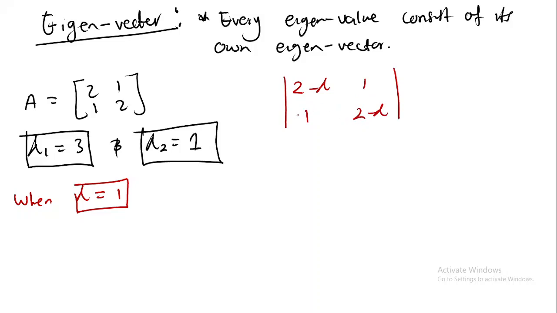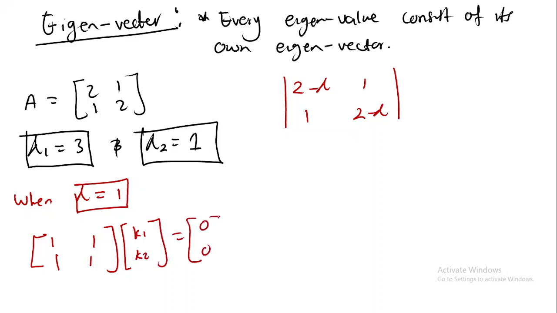So you're going to substitute the value of 1 where you see lambda, and then you're going to end up with 2 minus 1, which is 1, and then here we have our 1, and then 2 minus lambda means we'll be left with 1, and then we multiply by k1, k2, which is equals to 0, 0.